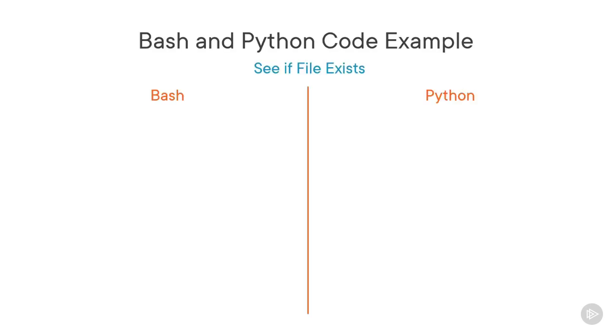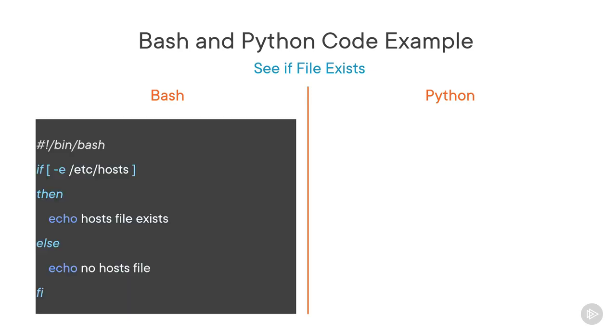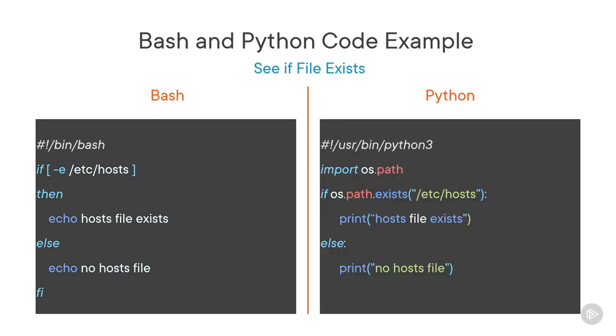Now let's look at some code from both Bash and Python. And in this example, we're going to look at code that'll tell us if a file exists. So on the Bash side, you could see there, we're specifying that we're looking for the host file. And if Bash finds it, it's going to echo host file exists. If it doesn't find it, then it's going to echo that host does not exist. Pretty simple. On the Python side, we have to import a module first, and we're importing the OS module.